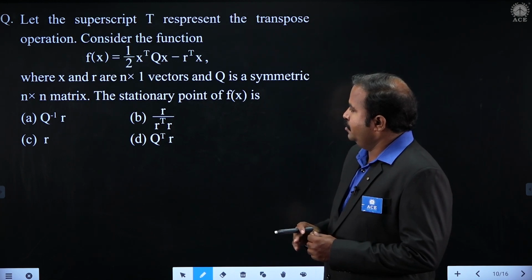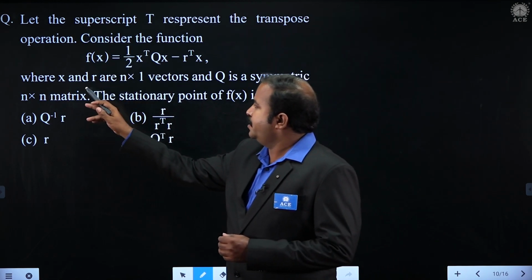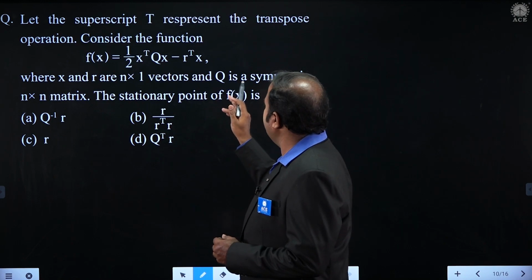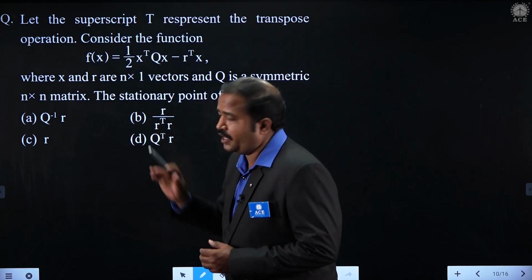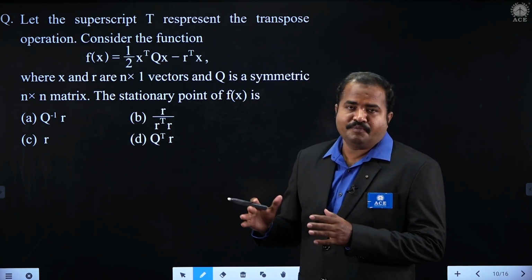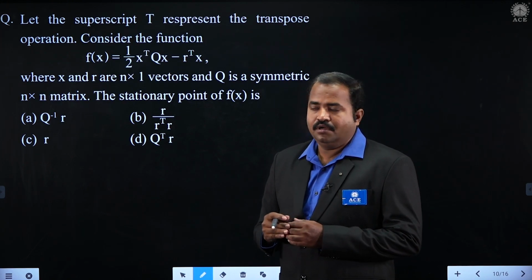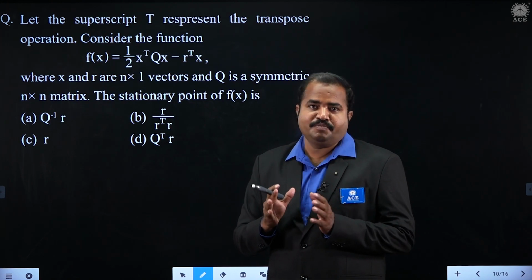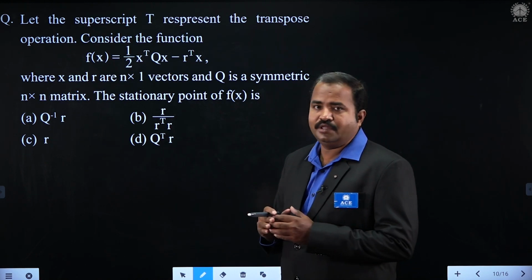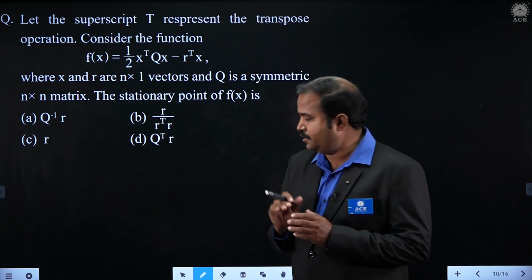Right. So, here x and r are n by 1 vectors and Q is an n by n matrix. So, instead of n by 1, we consider small size matrices and vectors also, that is n equal to 2, right.